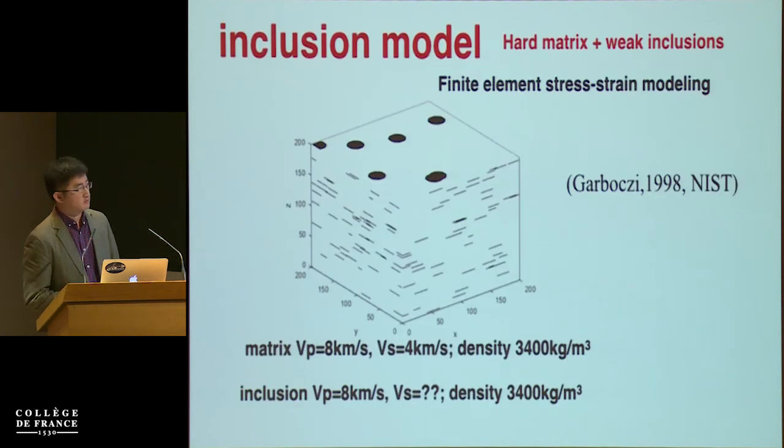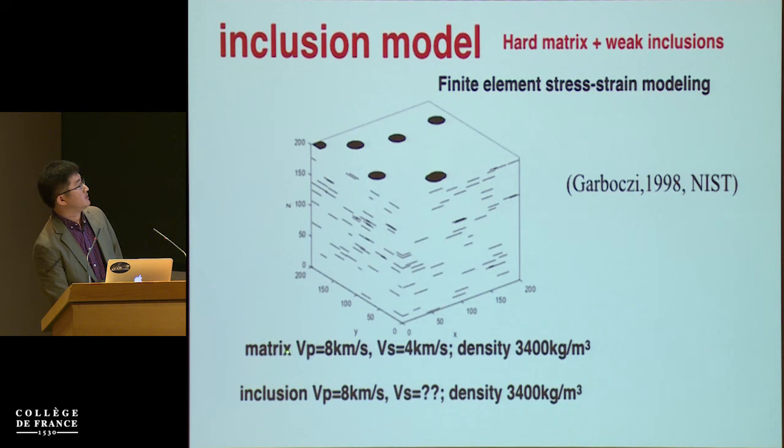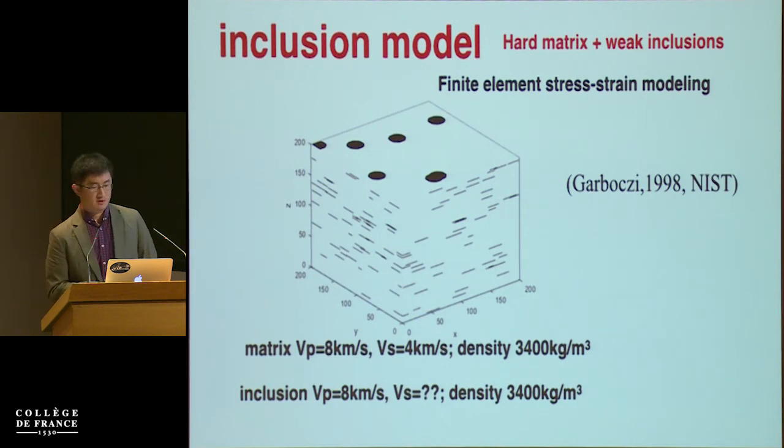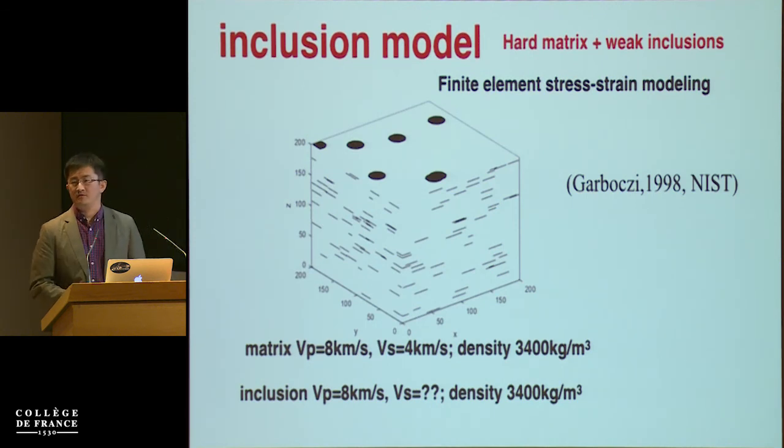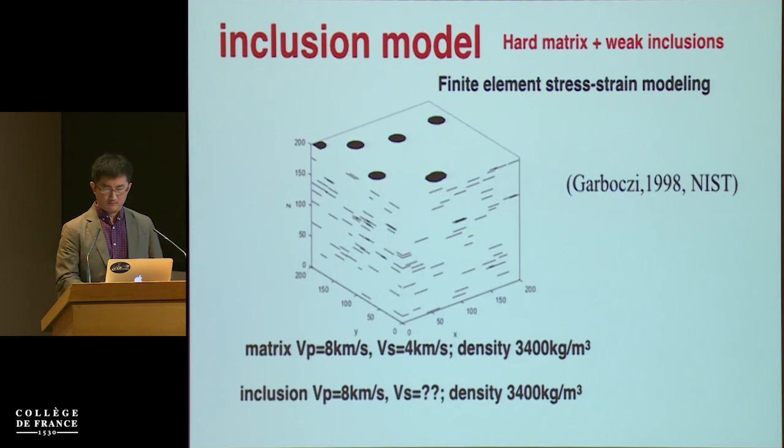We use an inclusion model. We have a very hard matrix, 8 kilometer per second for P wave, S wave 4, density. For the inclusion, we use a soft inclusion, which means we keep the VP and density the same, but we change the VS. And we use a finite element to calculate the stress strain field, and then do averaging to get effective anisotropy for this model.